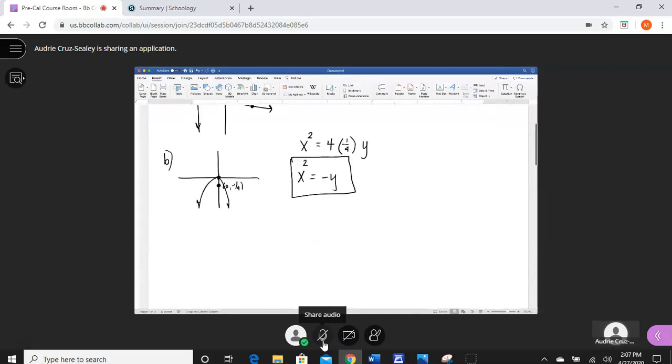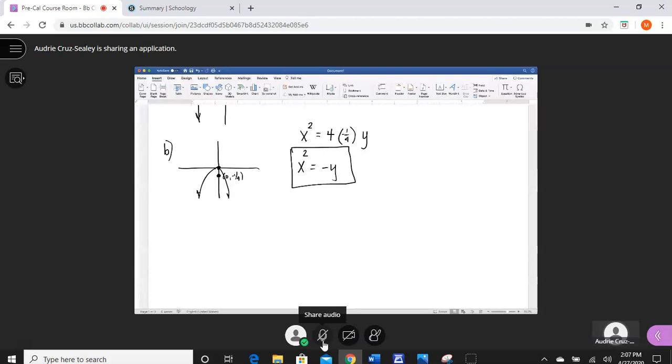Okay. Part C says your directrix is at x equals -1/8. If you draw a picture, x equals -1/8 is a vertical line. So here's -1/8, you have this vertical line here.